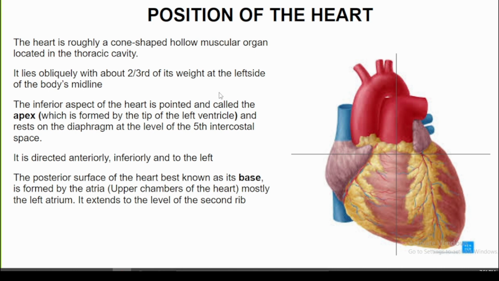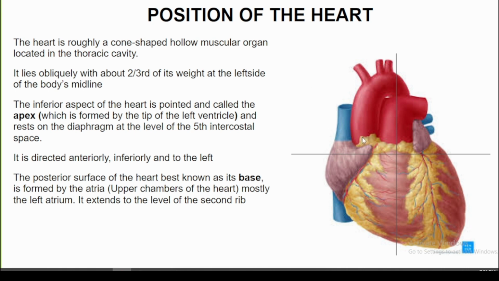Now it lies obliquely with about 2/3 of its weight at the left side of the body's midline. Obliquely means that it is lying from this level to this level, like from here to here, just as you can see. So you realize that it is not lying straight this way, but rather it is lying in an oblique manner, or diagonally.